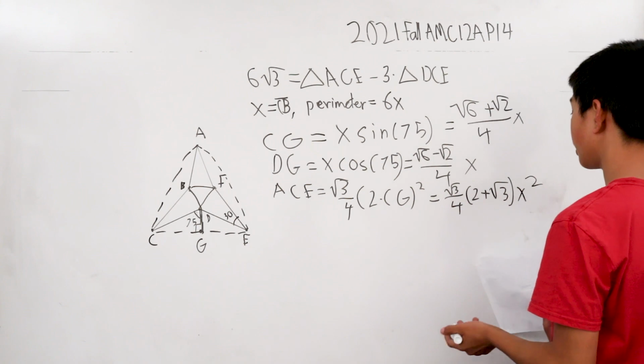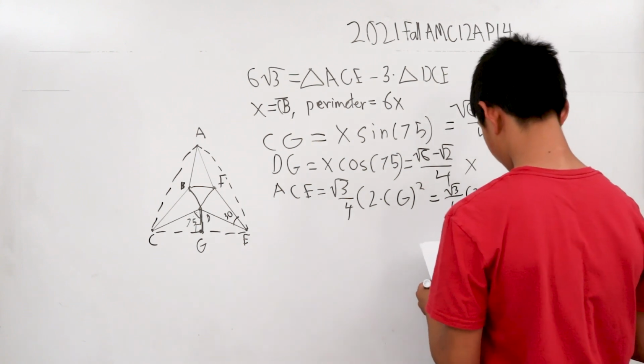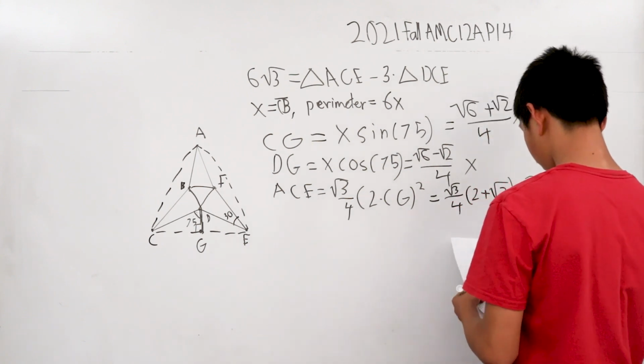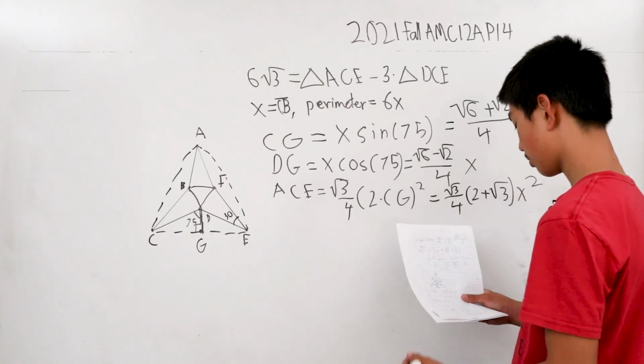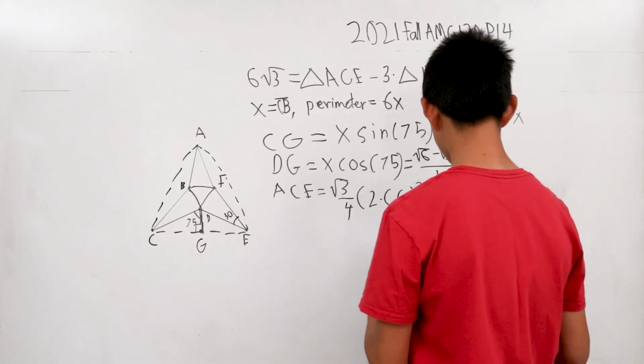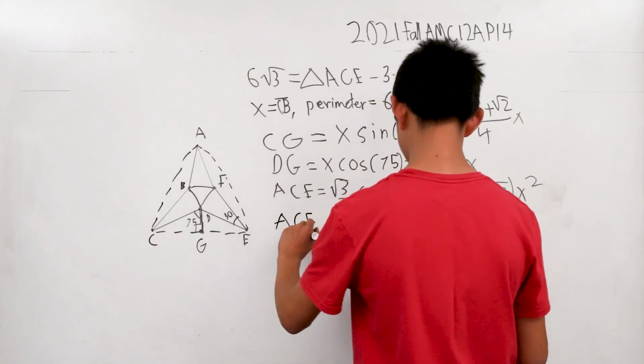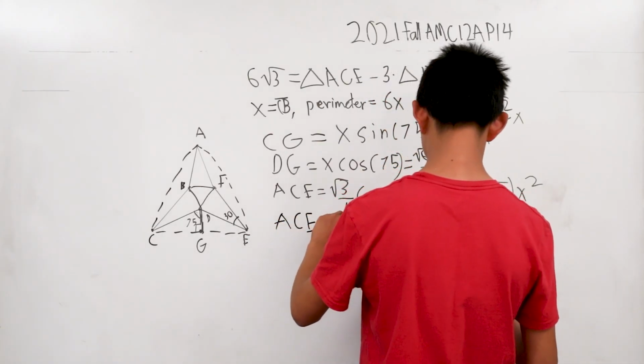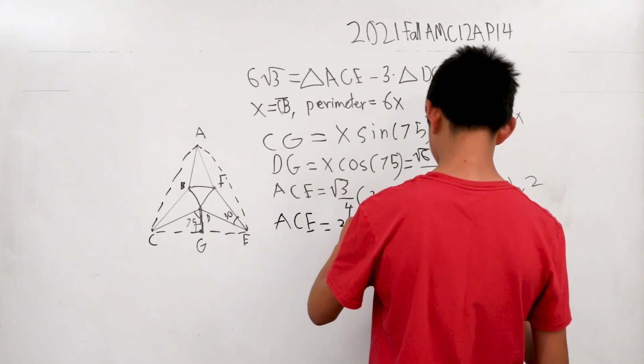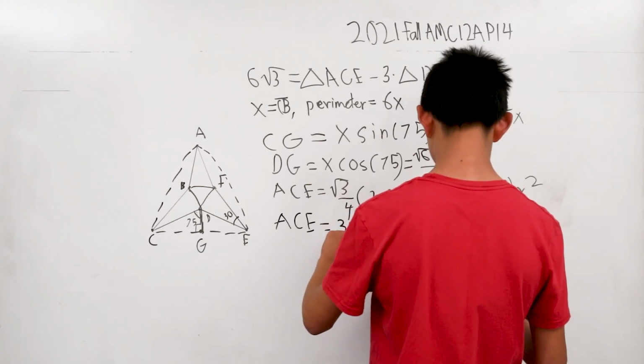So we have that. This means that essentially ACE, by simplifying the equation, is equal to 3 plus 2 root 3 over 4 times x squared.